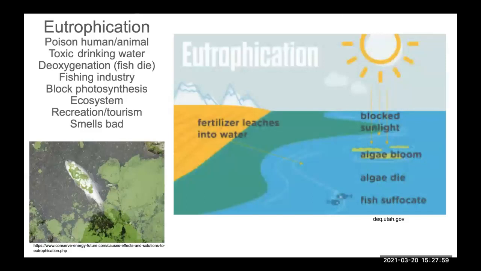And what is happening is that the fertilizers that we're creating leach into the water. When we have these excessive fertilizers and excess phosphorus in our waters, we start to create extra algae. The extra algae then blocks the sunlight from the other types of organisms that need the sun to photosynthesize.